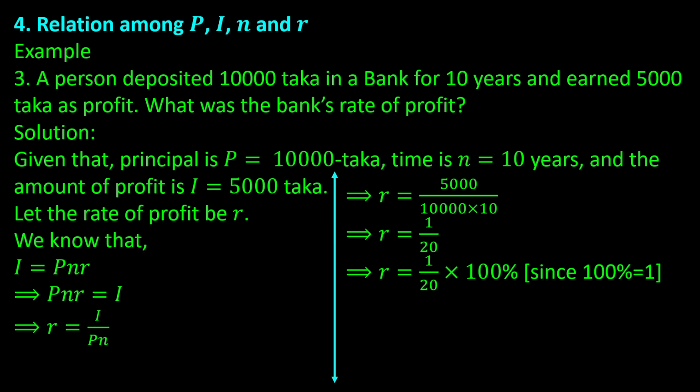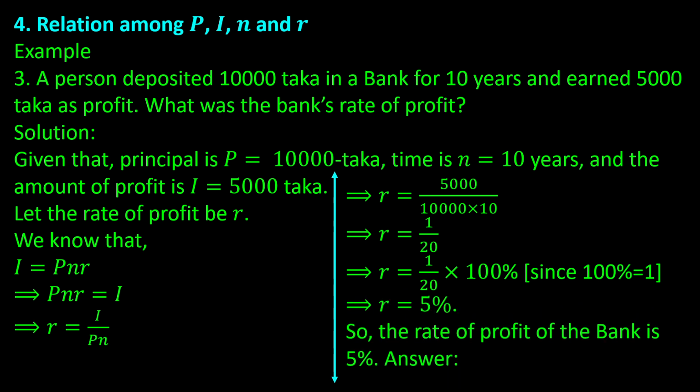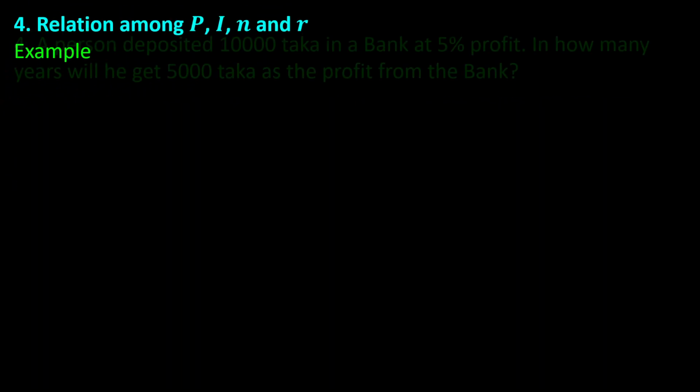So R equals 1 divided by 20, multiplying by 100%, we get 1 divided by 20 into 100%. After calculation, we get R equals 5%. So the rate of profit of the bank is 5%.